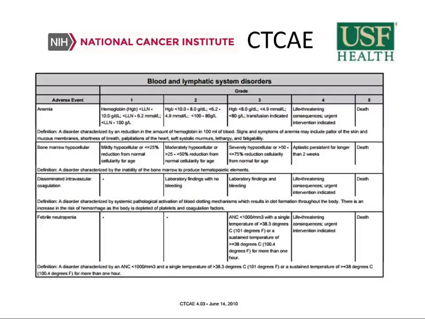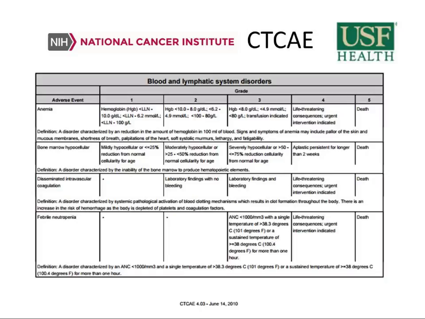This is a slide here from the National Cancer Institute. You know, oncologists sort of give poison for a living. And because of that, they have a codified, formalized system, called the Common Terminology Criteria for Adverse Events, the CTCAE, that ranks the severity of the expected problem from their medications.